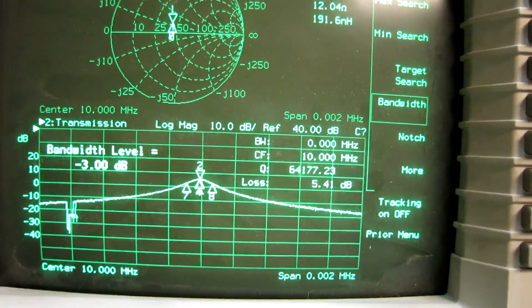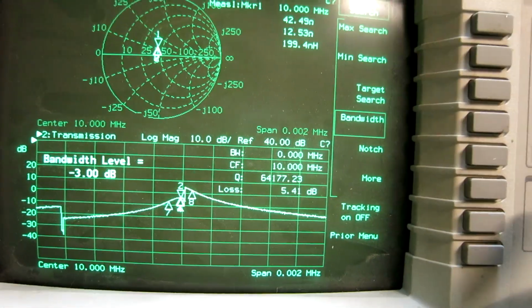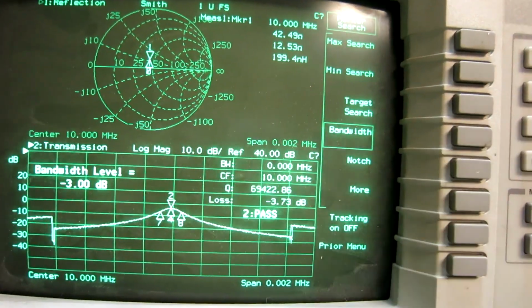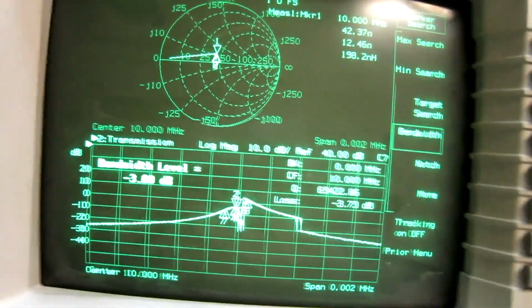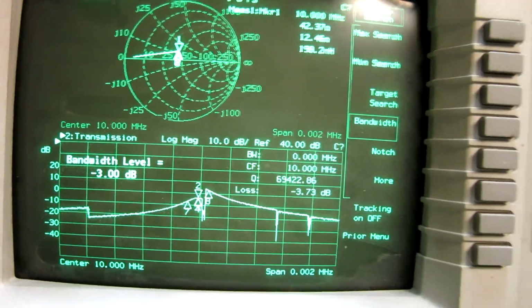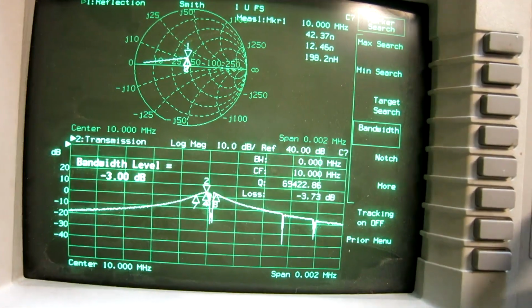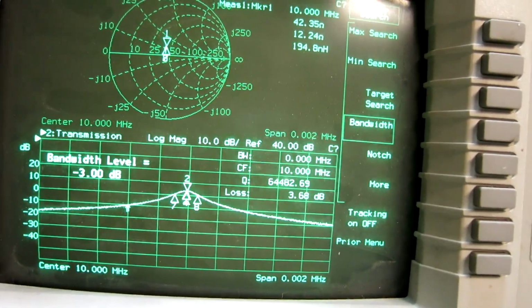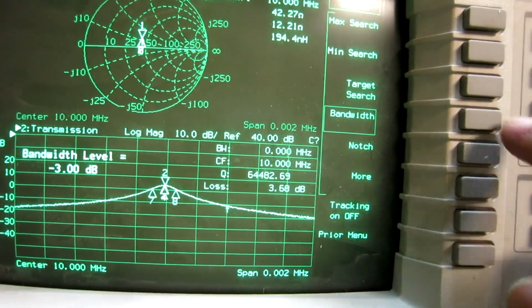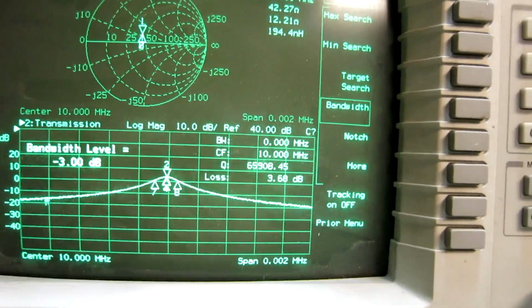And what I wanted is, this is only 10 dB less, it's about 70. So I make finer steps and look at bandwidth. 66.